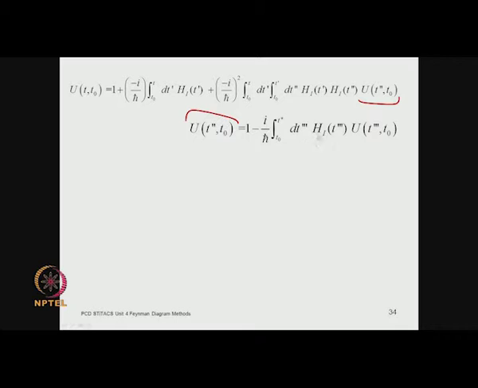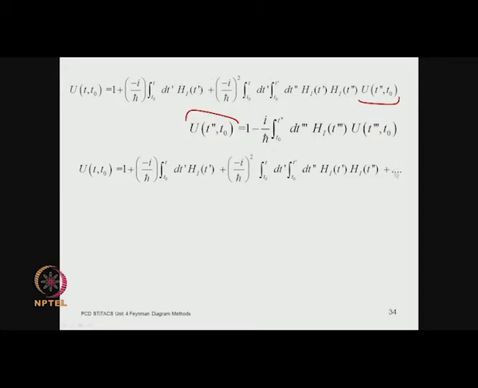So, now you have another integration, a third dummy variable which is t triple prime, and we keep showing this for the rest of the course and never finish, because there are infinite terms, right. So, what we will do is represent the remaining terms by these dots. That is the tail of the infinite series.